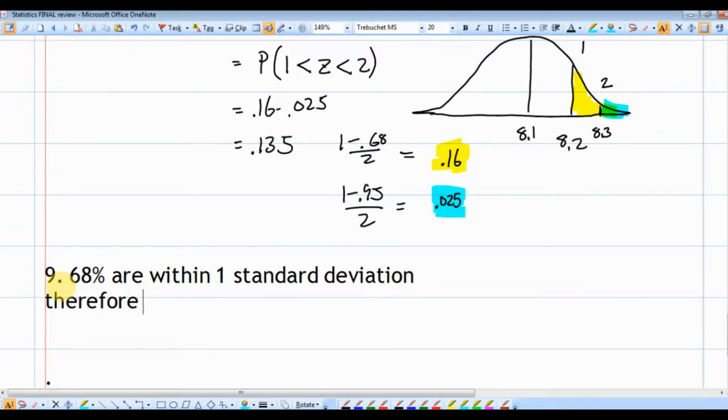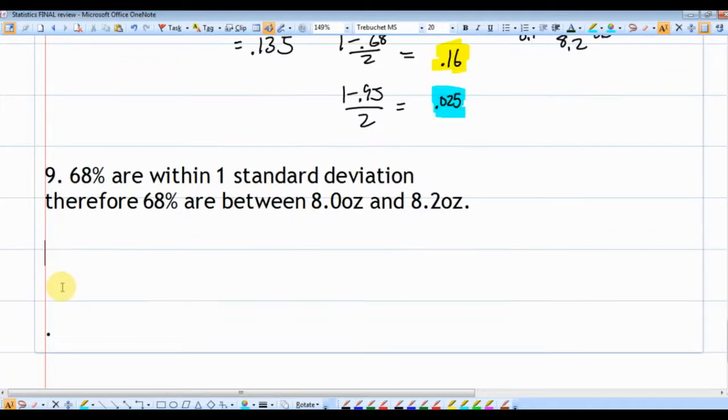Therefore, 68% of candy bars are between 8 ounces and 8.2 ounces. Okay, last one we're going to do, number 10.